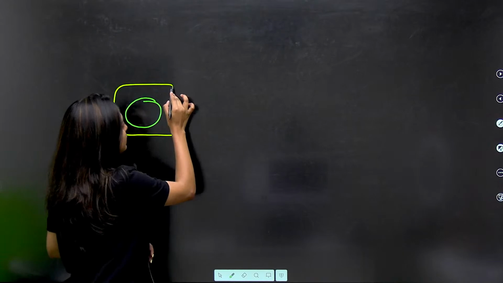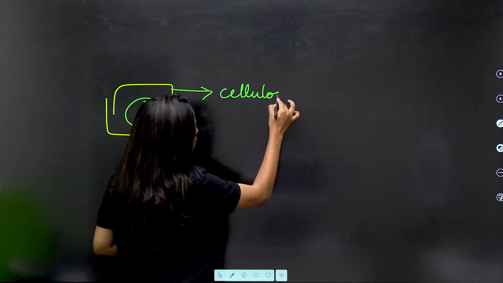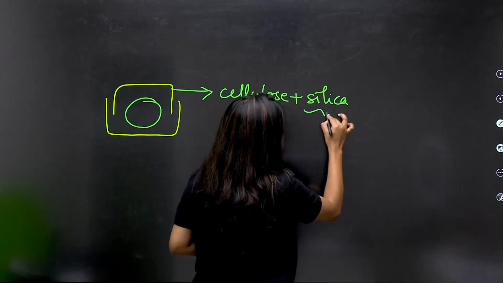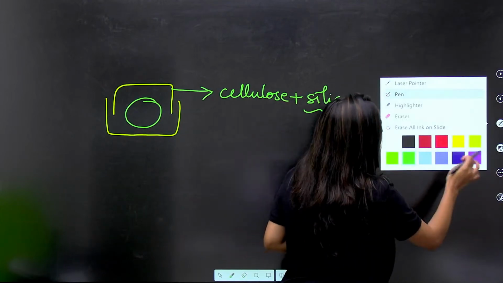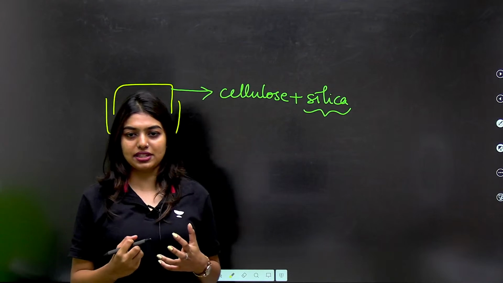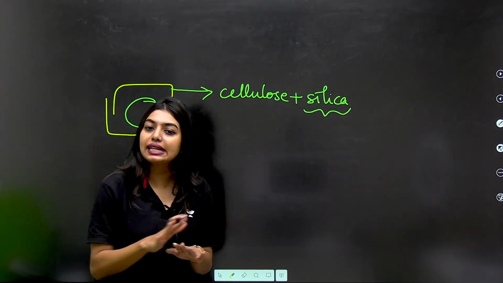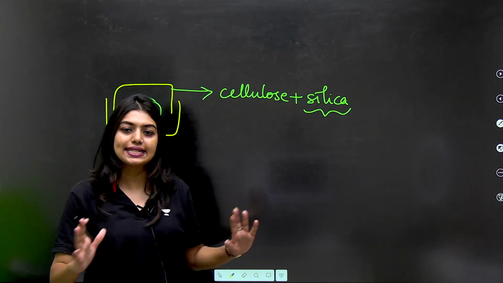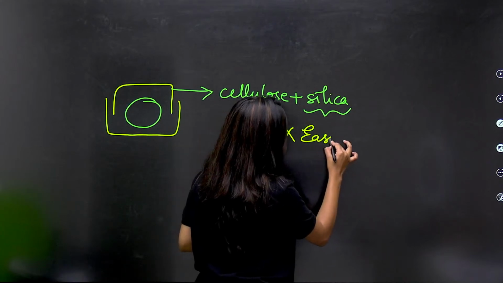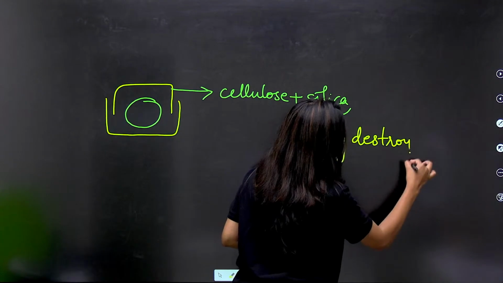Now this is a combination of cellulose and silica, and this silica is a very rigid hard substance. So this silica will not be easily destroyed. So what is going to happen?